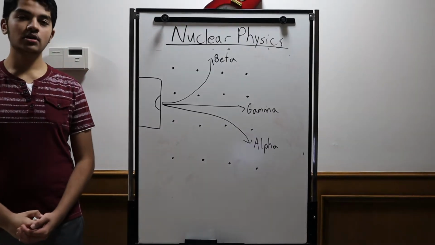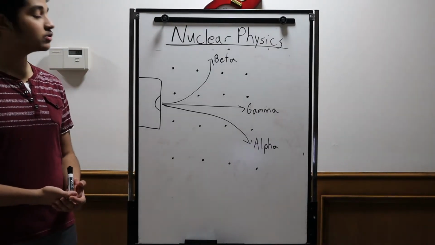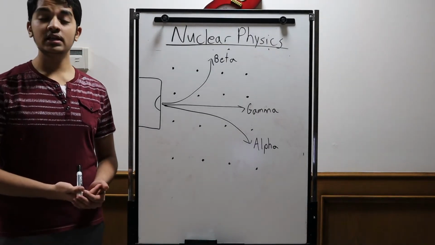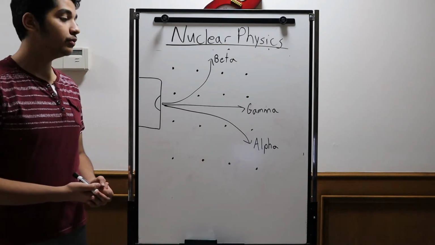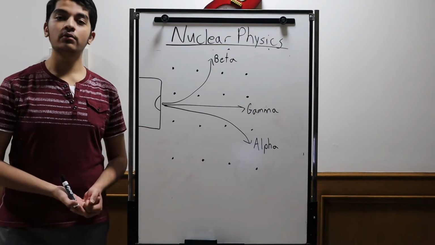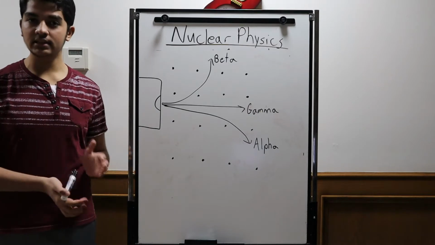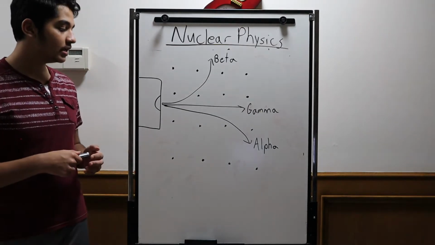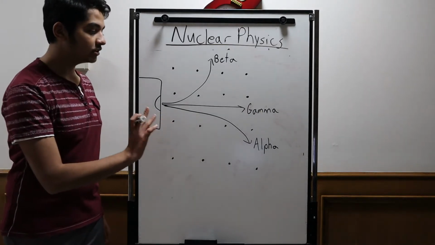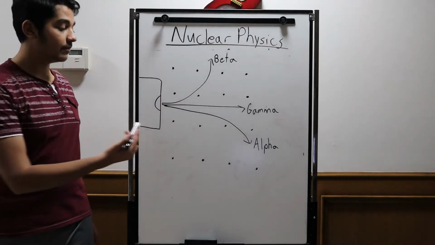So as we see in this diagram here, this is what Rutherford observed when he launched these particles into a magnetic field. And as we know, charged particles are going to be deflected in this magnetic field. So the first type he found was alpha decay, which he found to be positive in a magnetic field.